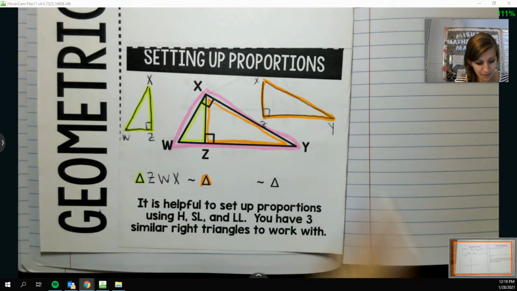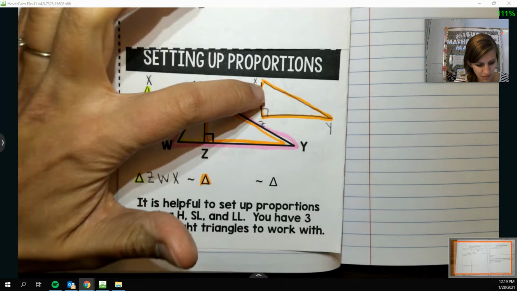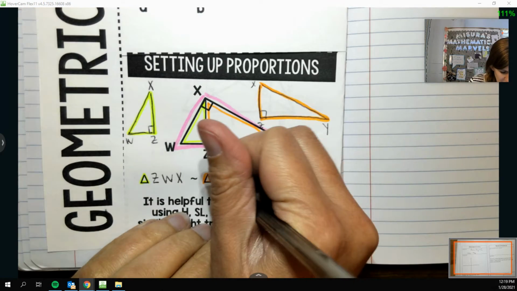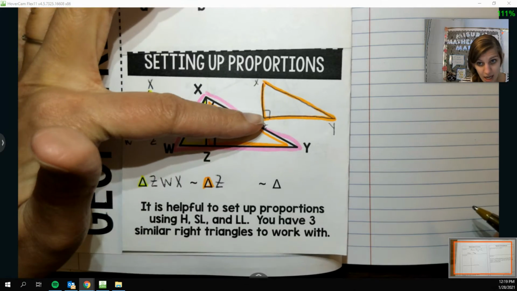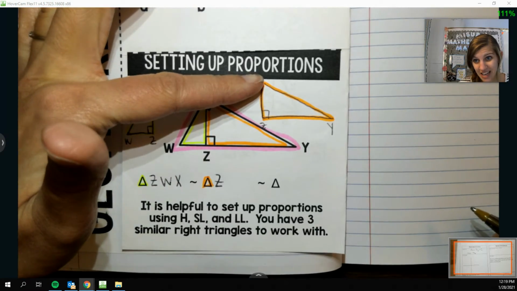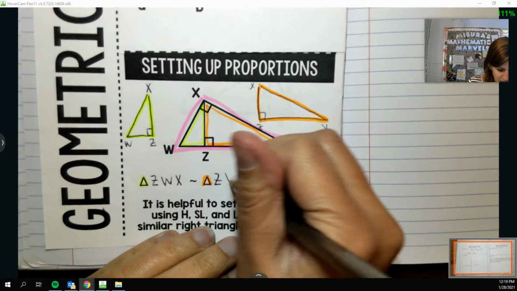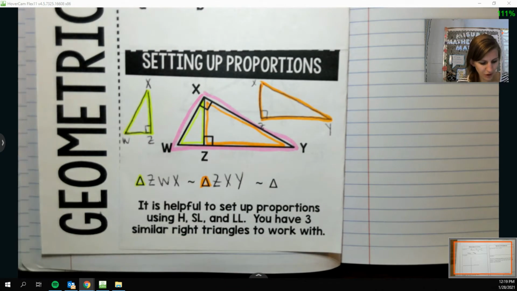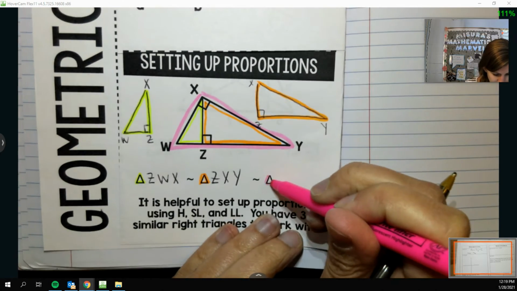So I have to do the same thing on the middle triangle. So I need to start at the 90, so Z, travel across the smaller edge, and then the hypotenuse, so Z, X, Y.